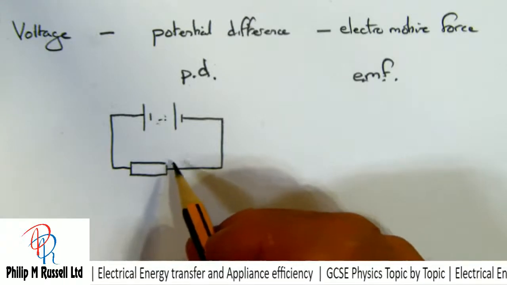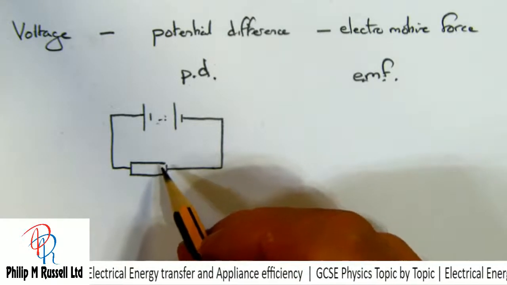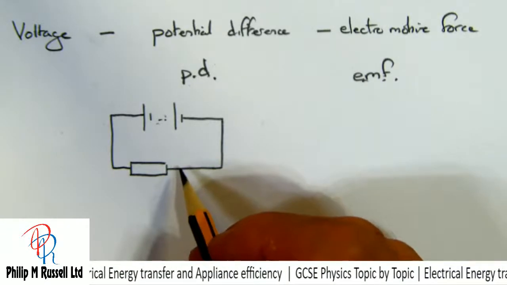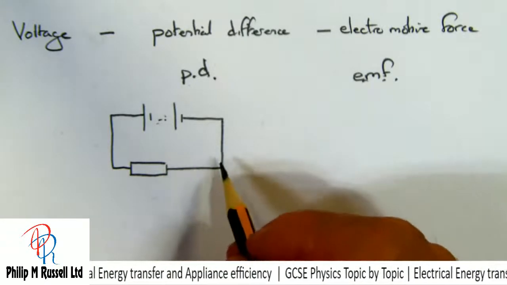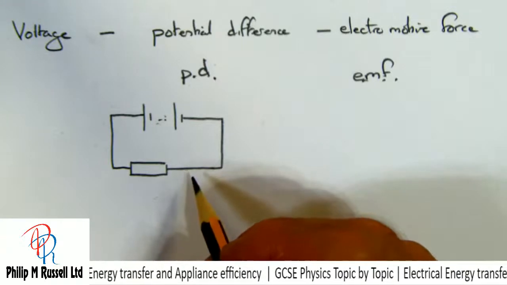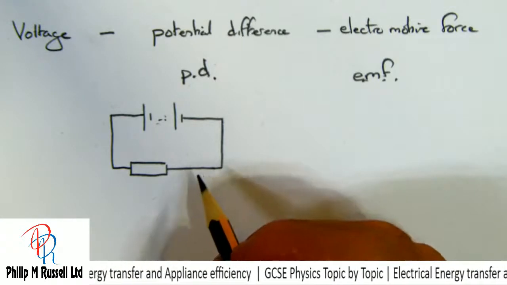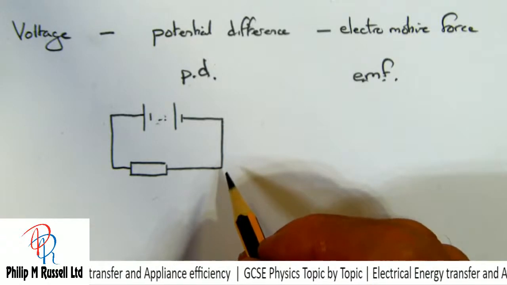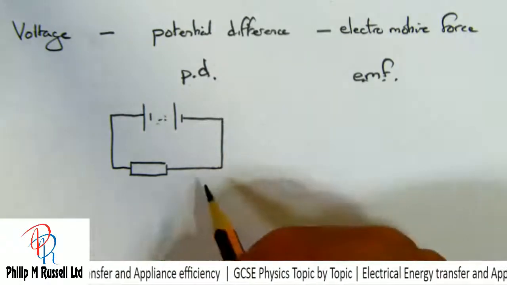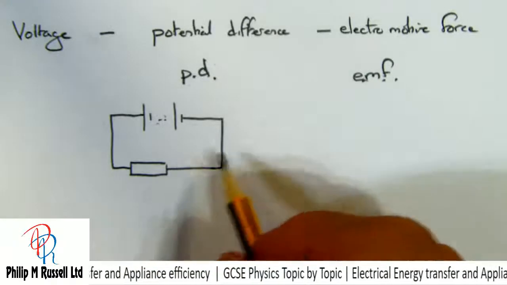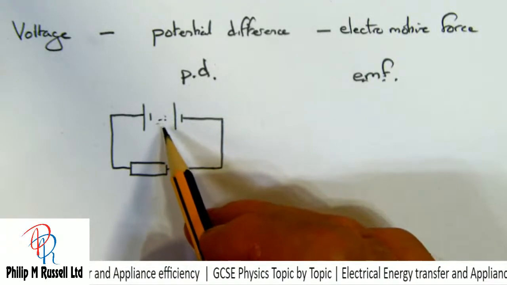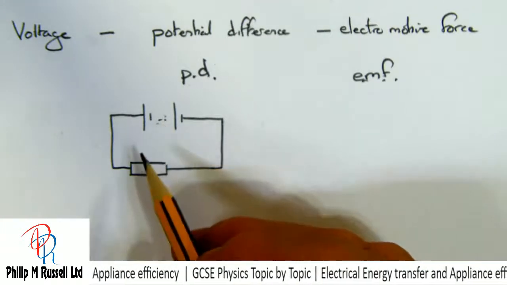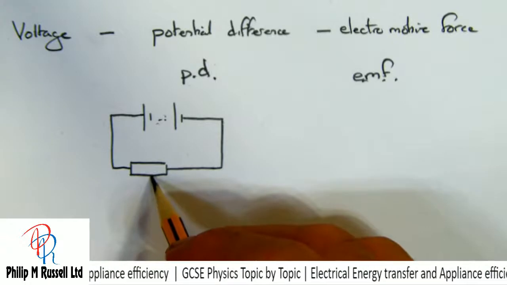So these atoms, these ions, whatever they are in the resistor, gain kinetic energy. They vibrate even more, and this resistor becomes hotter. So the electrical work being done by this battery here is equal to the energy transferred to the resistor.